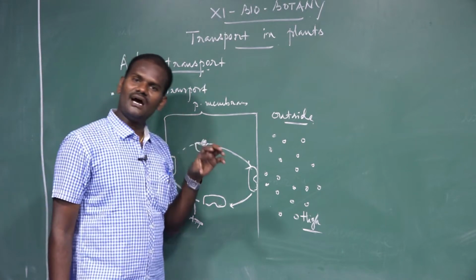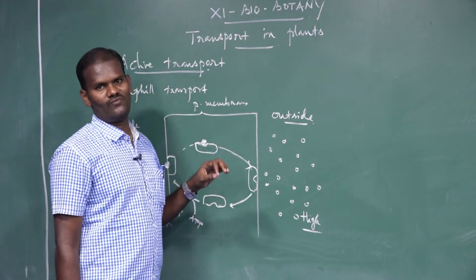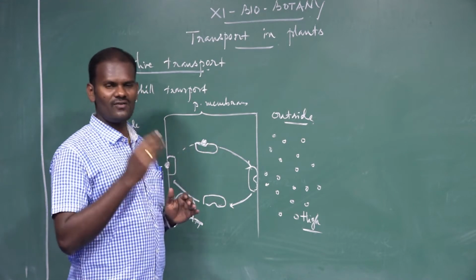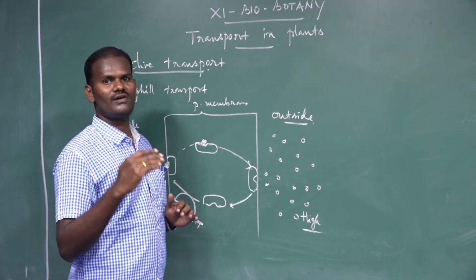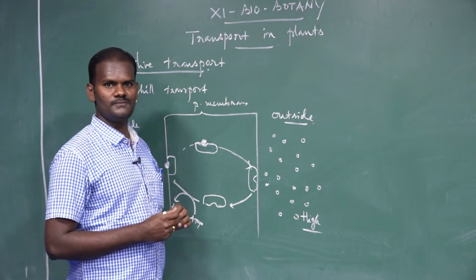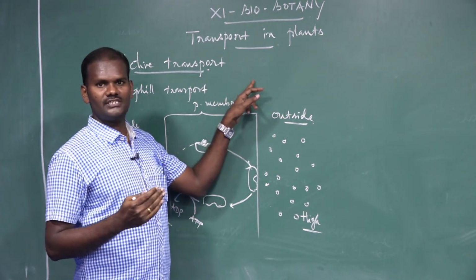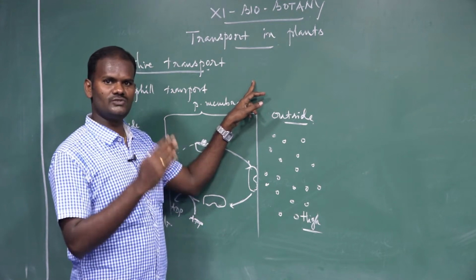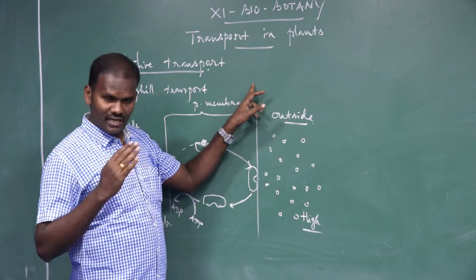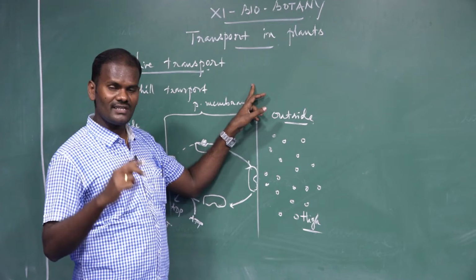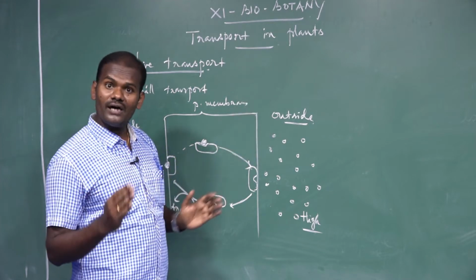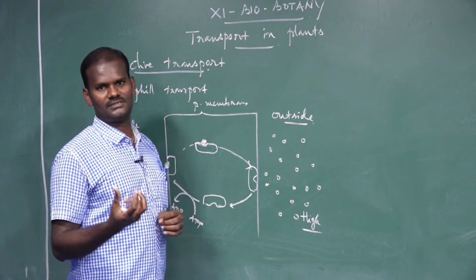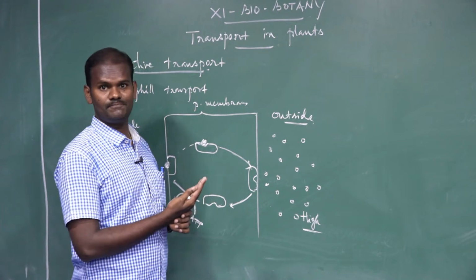Then what are the disadvantages of passive transport? For example, in diffusion there is a lack of control over the transport of selective molecules. Passive transport moves all molecules from higher concentration to low concentration, and there is no barrier. If there is a failure to control selective molecules, poisonous or harmful substances may also enter.